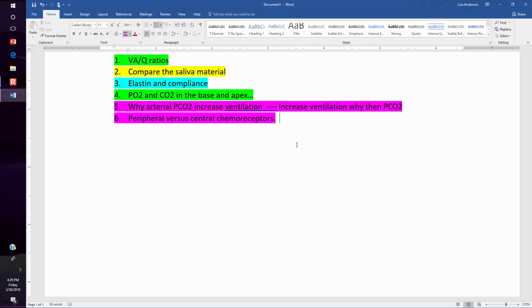Arterial CO2, arterial O2, and pH. If your pH is too low, if your CO2 is too high, the chemoreceptors depolarize, send action potentials to your central respiratory centers and say, you need to breathe to maintain homeostasis.